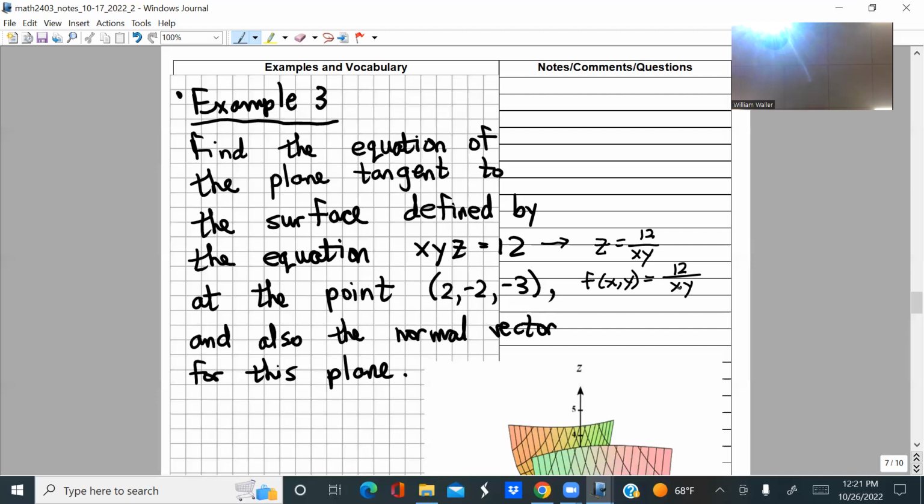So what's the derivative with respect to x?